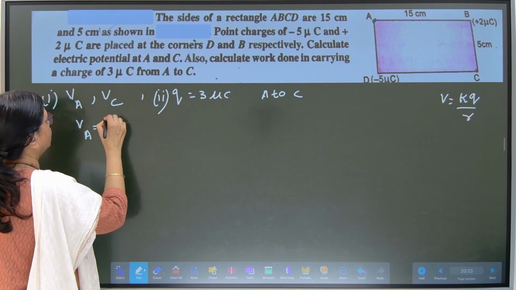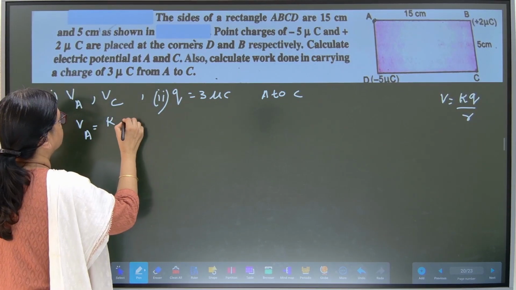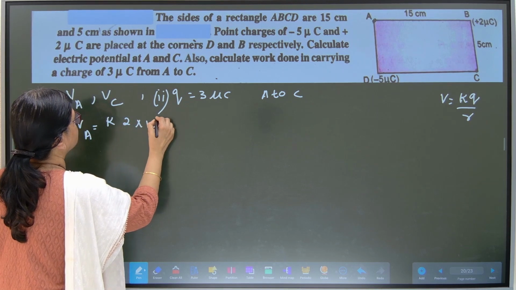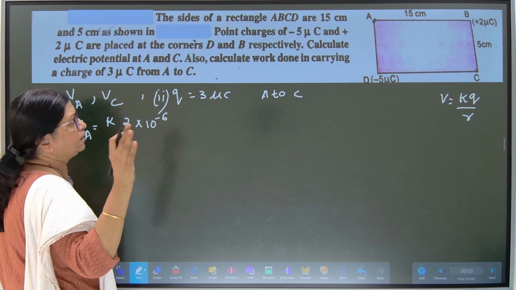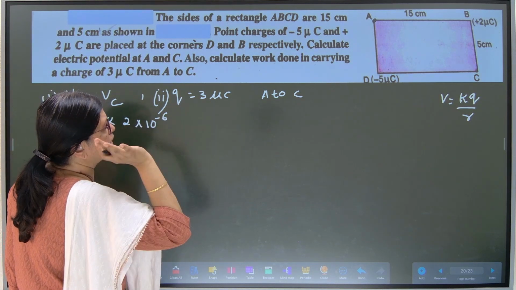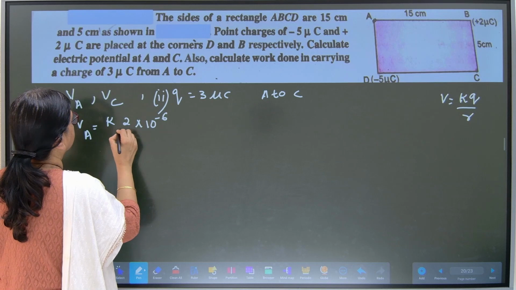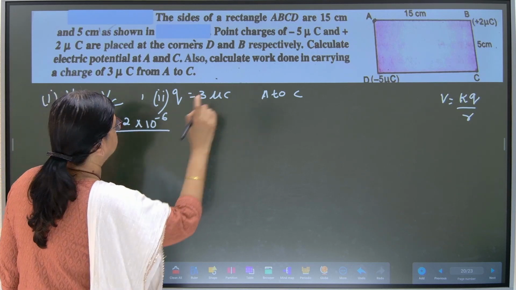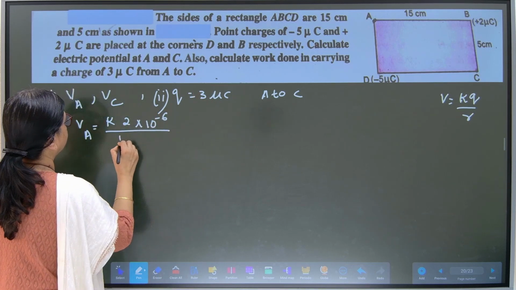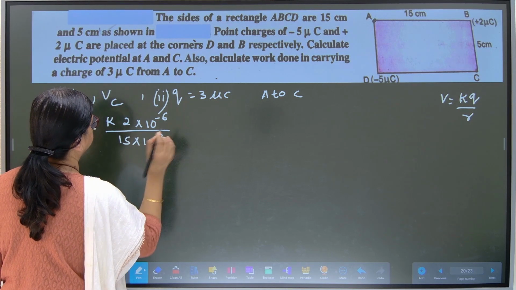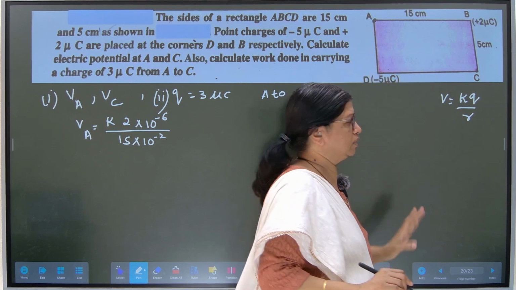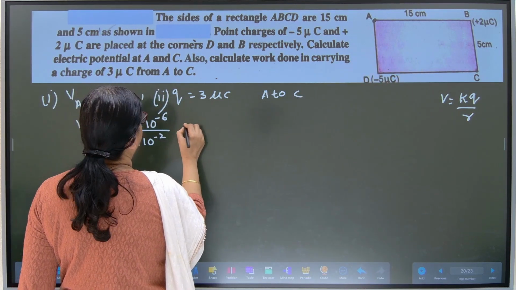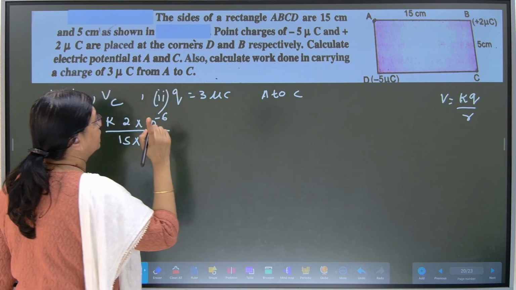VA is equal to, let me talk about 2 microcoulombs. 2 into 10 raised to minus 6. I am not writing coulomb there. Later in the last we will write when the unit is fine. Divided by distance. Distance is 15 centimeter, so 15 into 10 raised to minus 2. Okay, so potential from B to A I have written. Plus, now D to A. But D has a negative charge.